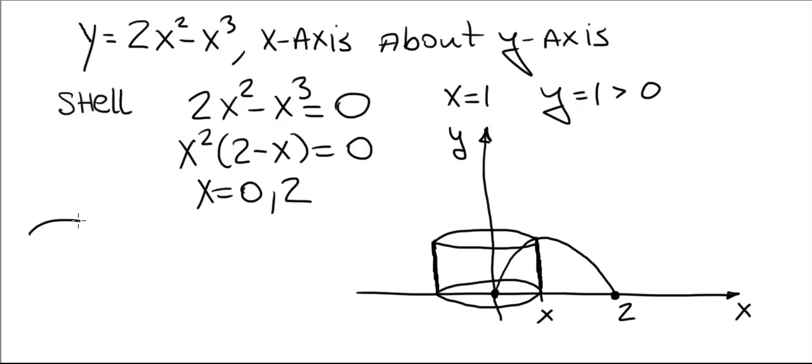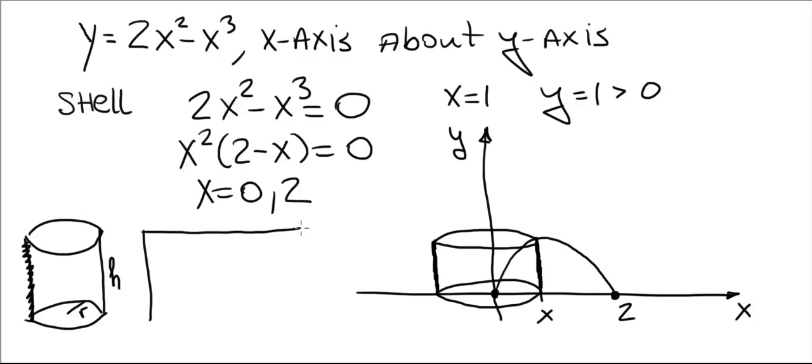So recall, when we have a cylindrical shell, it looks something like this. It's a cylinder without the top and the bottom. The base has radius r and the height is h. If we cut the shell along the height and unfold it, we end up with a rectangle. The width of the rectangle is just the height of our shell.